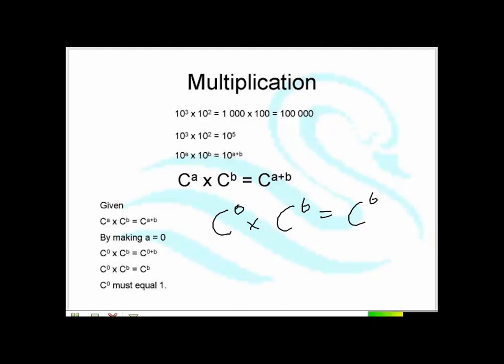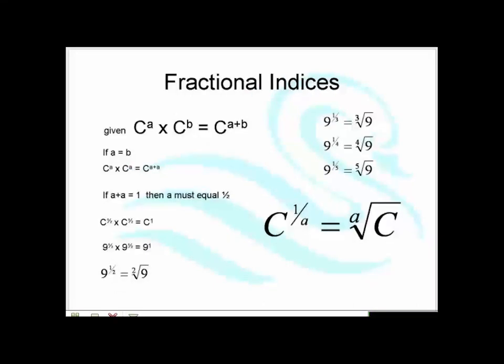What I'm going to do is take the c over to the other side, and I end up with c to the power of 0 equals c to the power of b. It was multiplying on the left, so when I take it to the right, it has to divide c to the power of b. And c to the power of b divided by c to the power of b equals 1 every time. So anything to the power of 0 always equals 1.